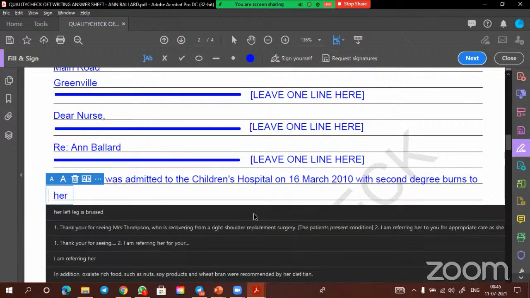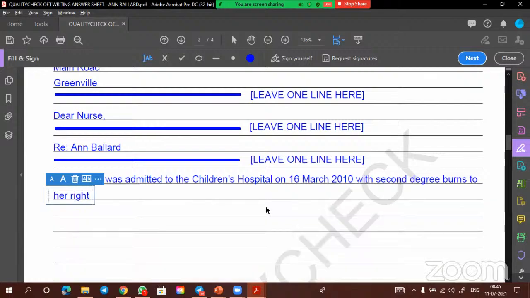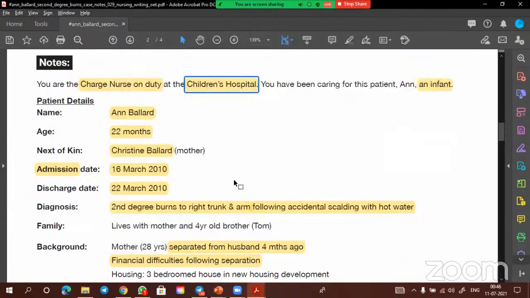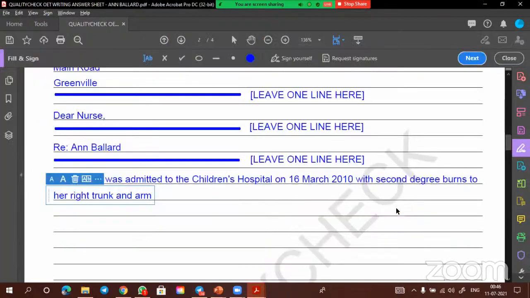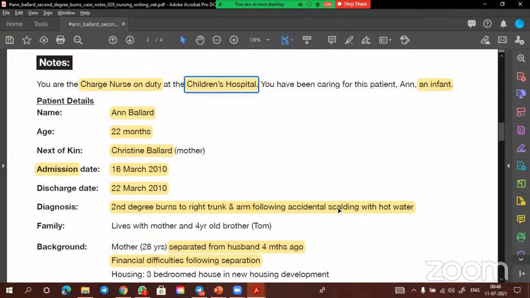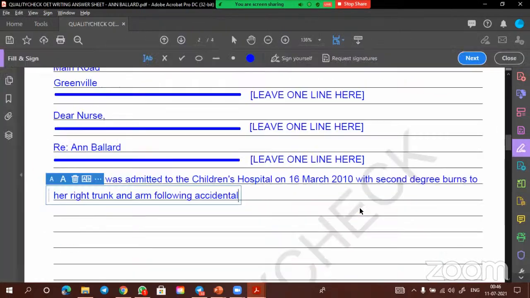Following accidental scalding with hot water.